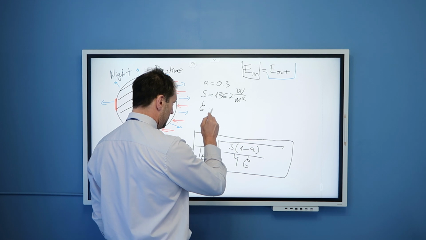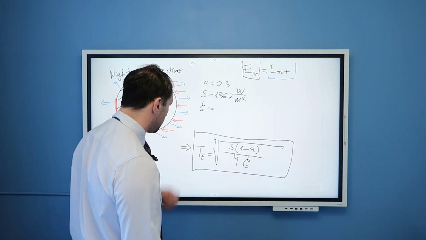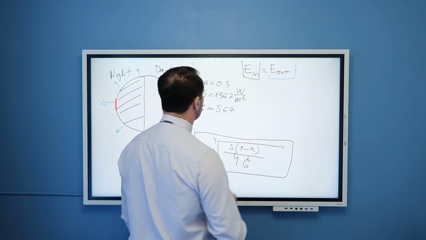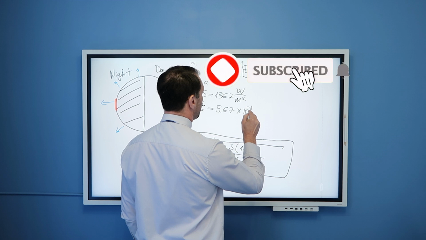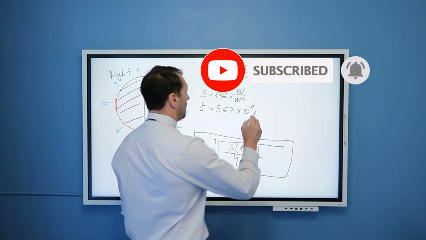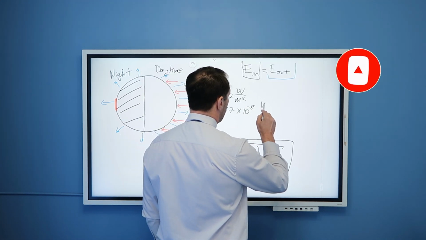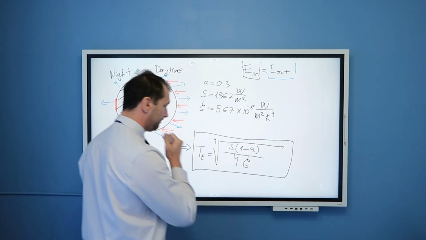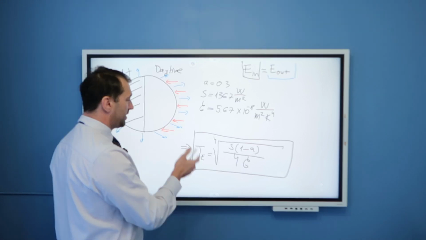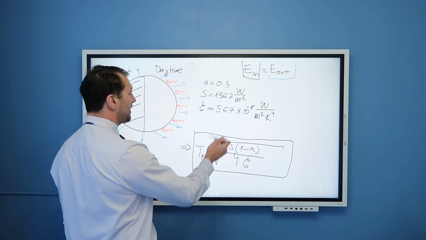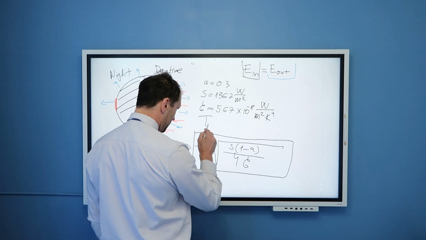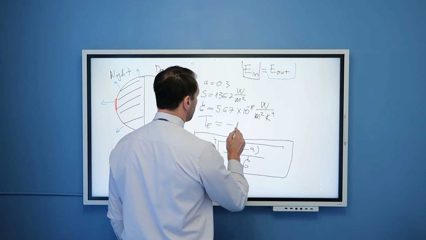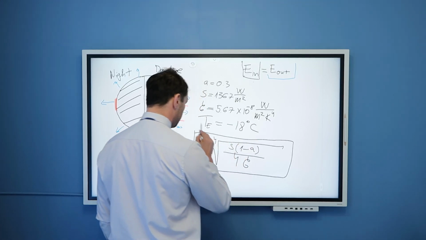Sigma is the Stefan-Boltzmann constant, and I believe is 5.67, something like that, check online, times 10 to power negative 8 watt per square meter per Kelvin to power 4. And what else do we have here? Nothing. So if you plug in these numbers, you will see that this equilibrium temperature of the planet Earth is equal to negative 18 degrees Celsius.